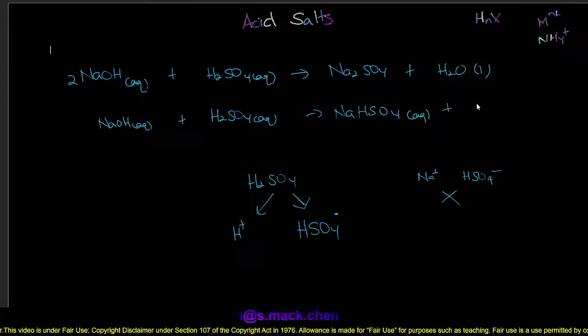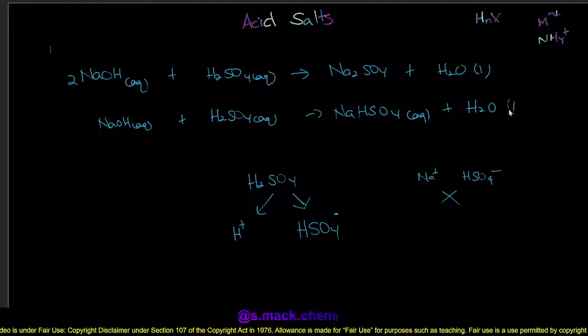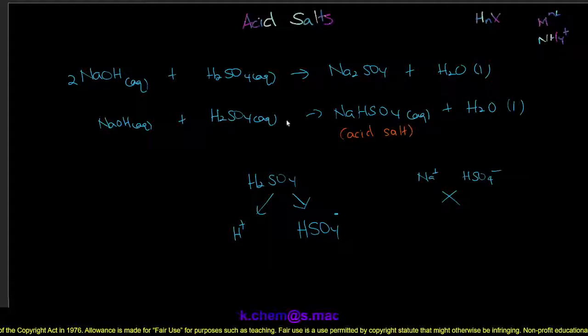And of course, we would expect water to be formed as well. And this is our balanced chemical equation, which shows the formation of an acid salt, versus a normal salt.